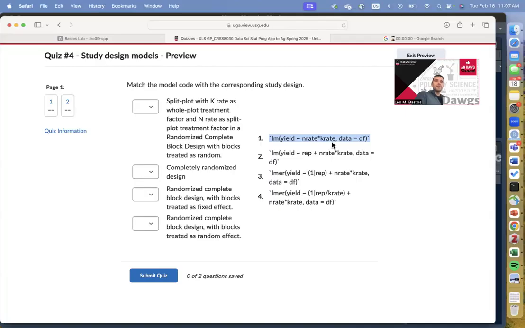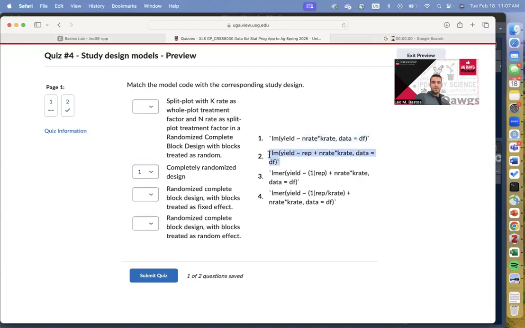The function, right? We know this only has one error source, which is the residual, because we're using LM, and therefore CRD is the only design that we talked about up until now. Well, not the only one, but it's the simplest one where it only has one error source. So this would be CRD, number one.